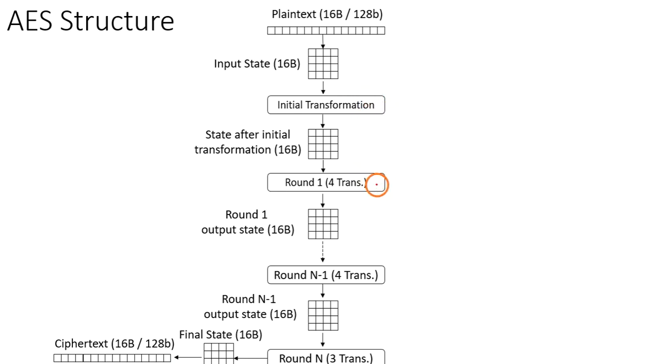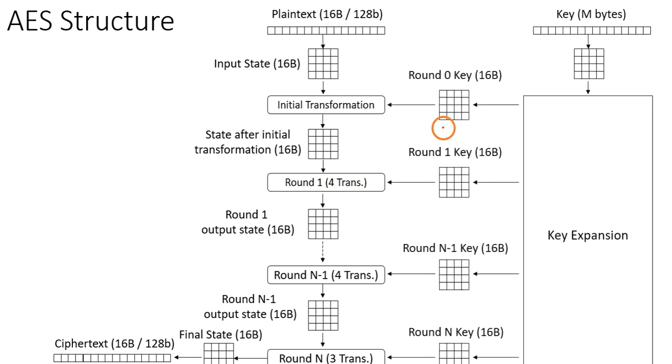Each step here, that is the initial transformation and rounds 1, 2, 3, and so on up to n, takes as input a round key. The round key is generated by the key expansion algorithm. How many keys are there? In total, 0 to n, that is n plus 1 keys, are generated. All these keys are generated based on the input key, which is m bits.